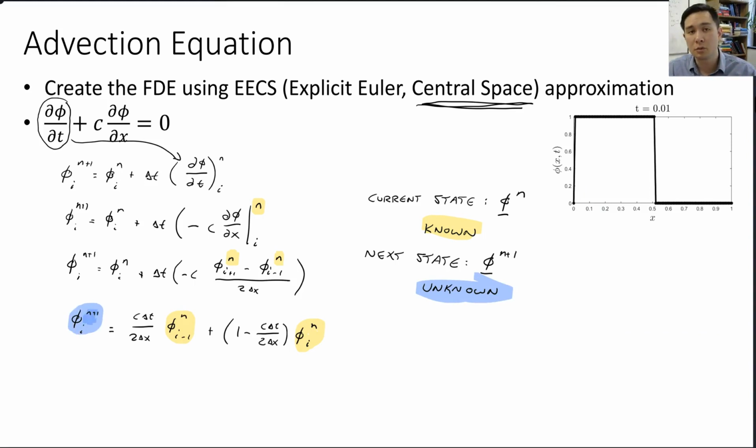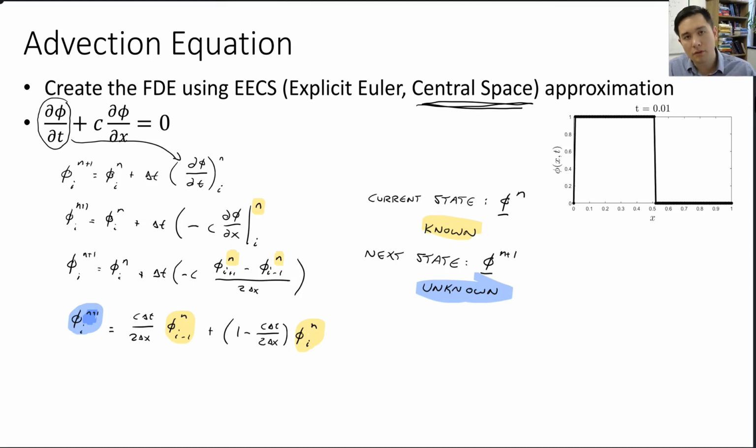And so this is nice because what this means is we can take all of the known information, plug it into this simple equation to determine what our unknown state at time index n plus 1 is. Well, this was using an explicit Euler scheme, so we should assume to some extent that this would be the case given our experience with the explicit Euler scheme for just purely time marching.